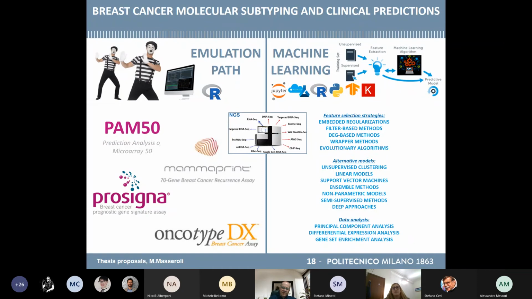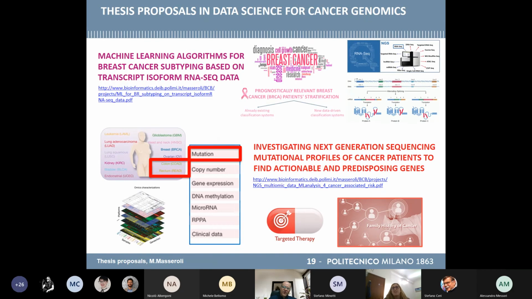And all these topics are strictly related and are meaningful examples of what is required to do in a thesis in such an area, so data science for cancer genomics.